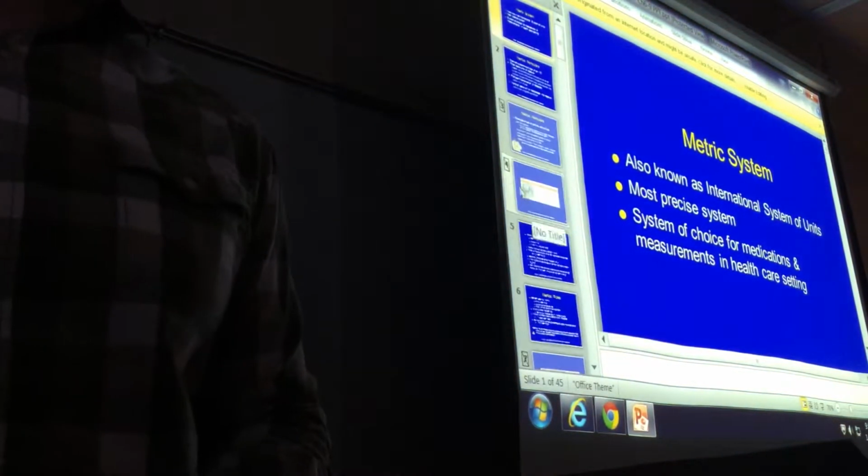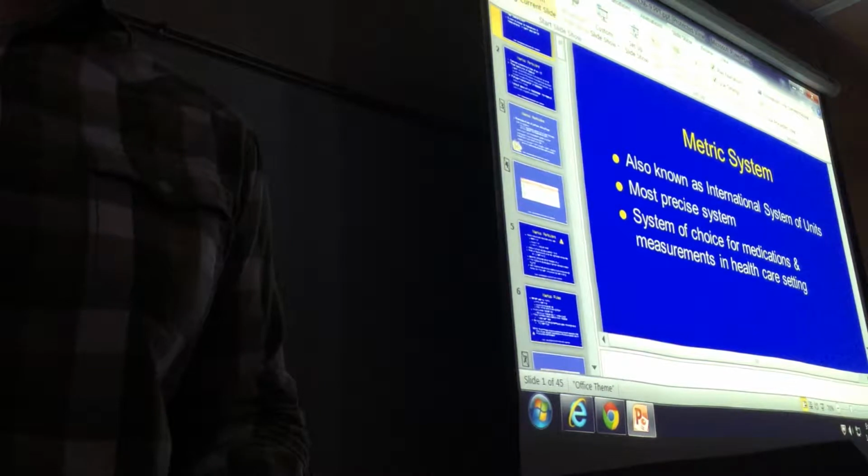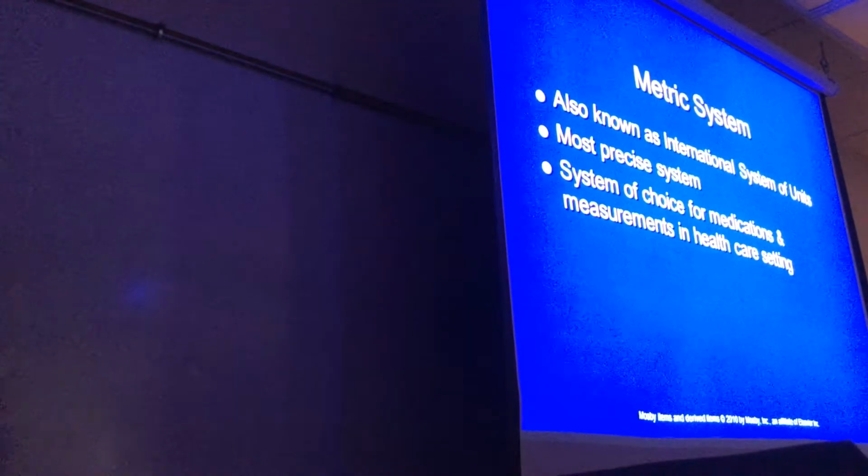All right, so I opened this up just prior to coming in here, so you guys have this all available to you, and I'll post these lectures on there. So let's see here. So chapters 6 through 9, we start having fun with the metric system.